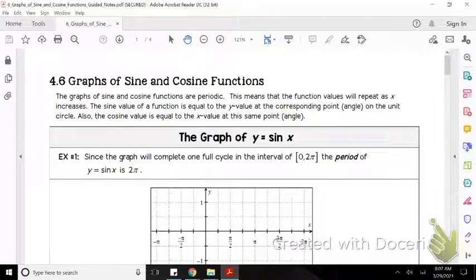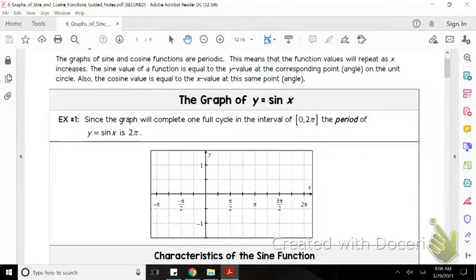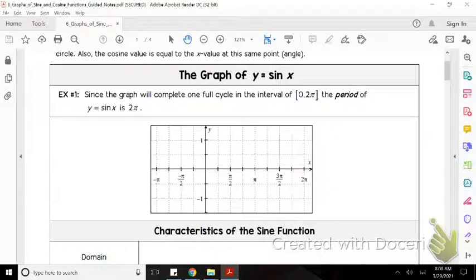All right, so first we're going to talk about the graph of y equals sine of x. Now remember, we have our unit circle, and on our unit circle, we have these quadrantal angles here. We have 0, which has an ordered pair of (1, 0).